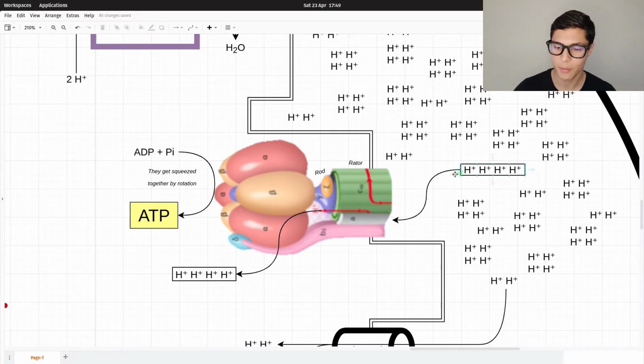Okay, so here we are with 4 protons. And why 4 protons? Because we need 4 protons to create 1 ATP. Because 1 proton is not enough, so we need more of them. And 4 are required to create 1 molecule of ATP.